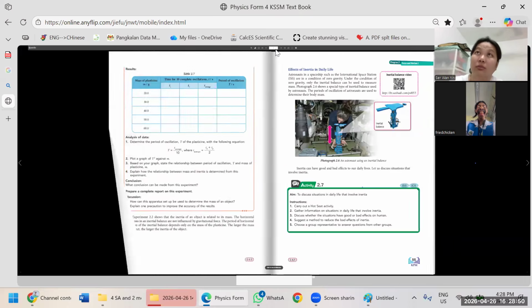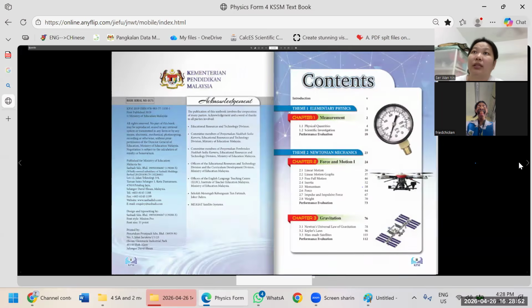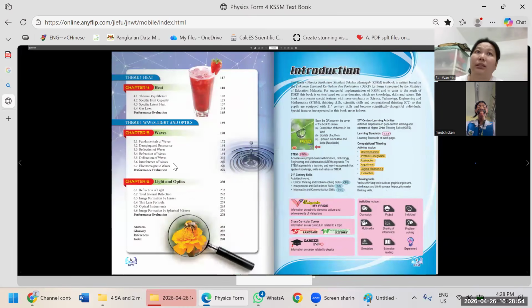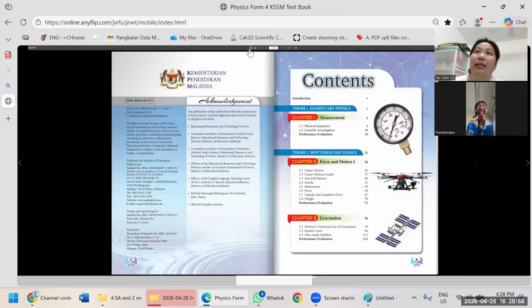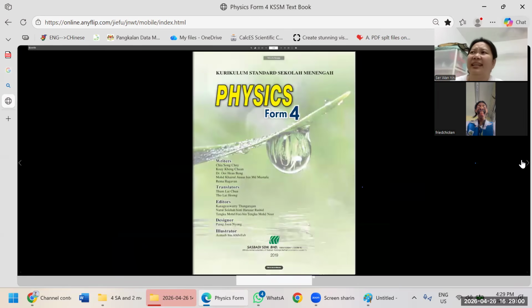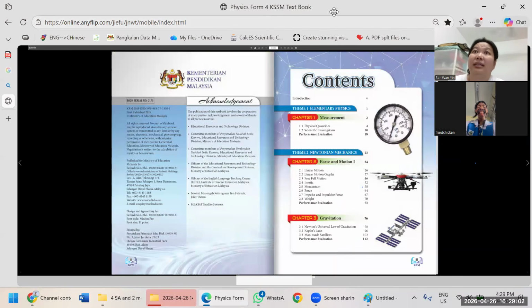See, these are our subtopics: linear motion graph, free fall motion, inertia, momentum, force, impulsive force, weight.